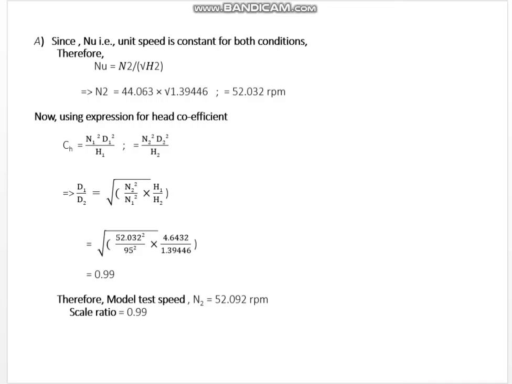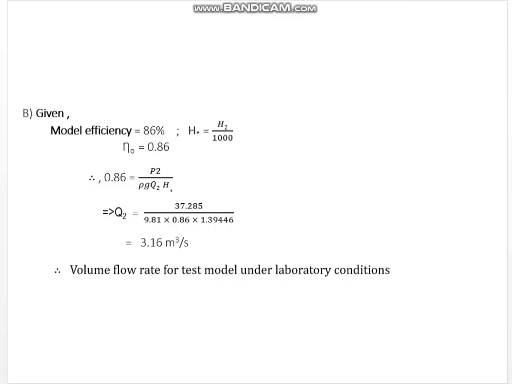Now scale ratio means, with respect to the main turbine, how much scale it will be. The model efficiency is 86% as given in the question. Now model efficiency is equal to 86%, that is the efficiency is 0.86.